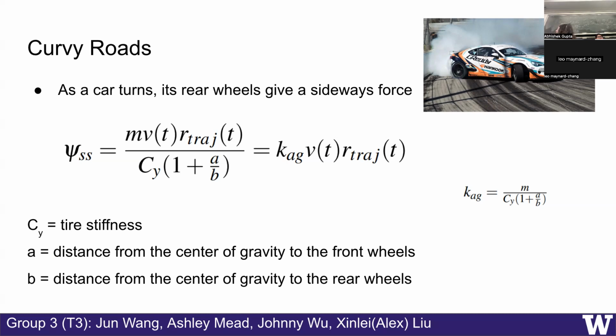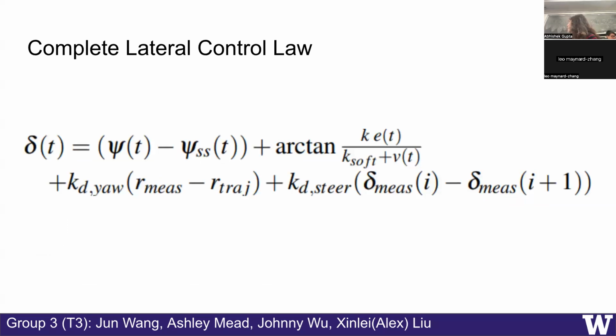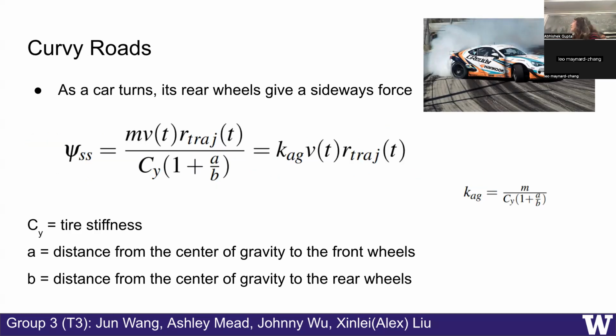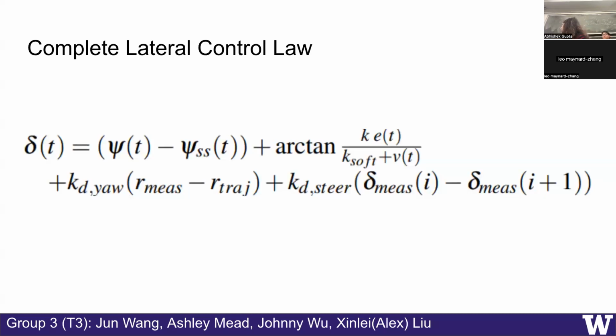So this is also accounted for and added to the steering equation. This is the sideways force. So this is adding everything together, and this was basically how they calculated the steering angle.